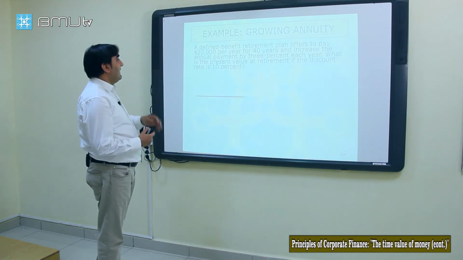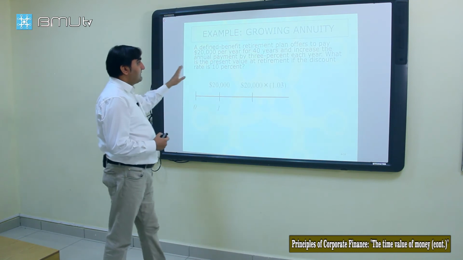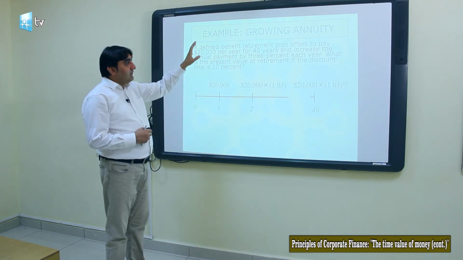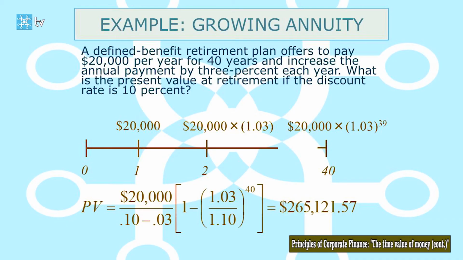Here we have an example. A defined benefit retirement plan offers to pay $20,000 per year for 40 years and increase the annual payment by 3% each year. So it starts paying you $20,000 per year and increases it 3%. What's the present value at retirement if the discount rate is 10%?